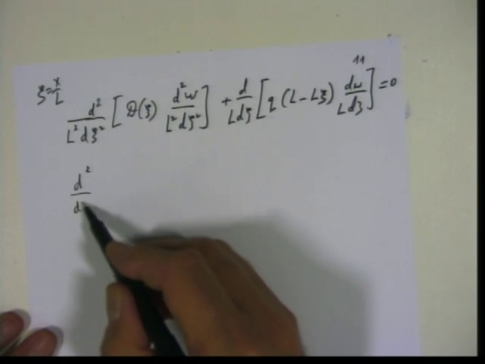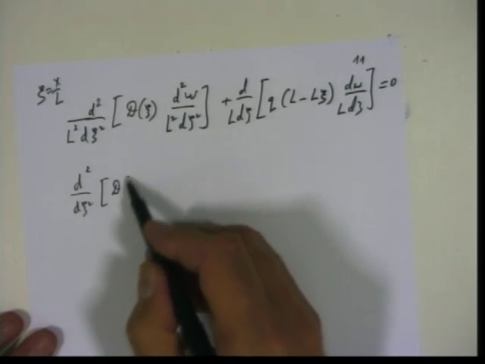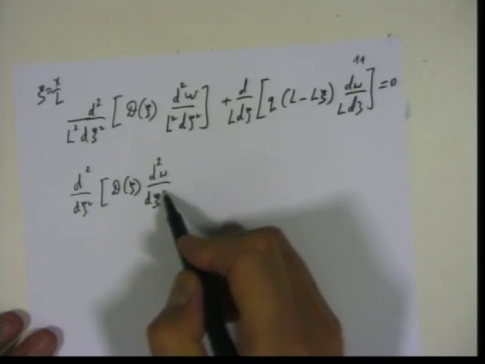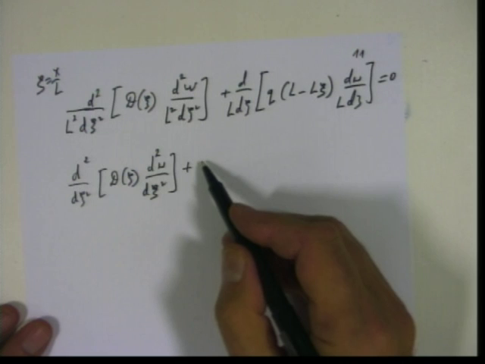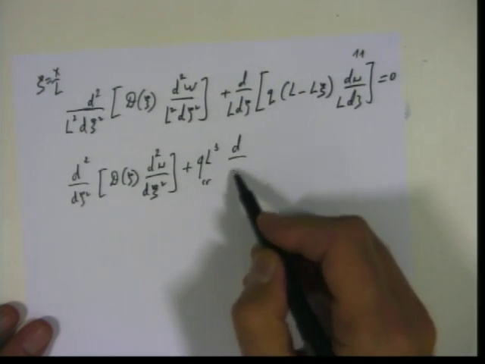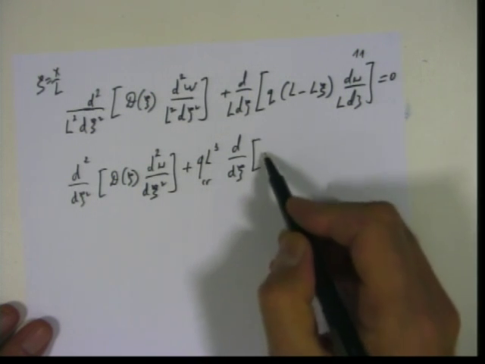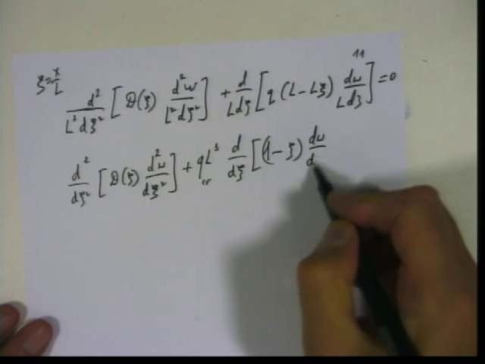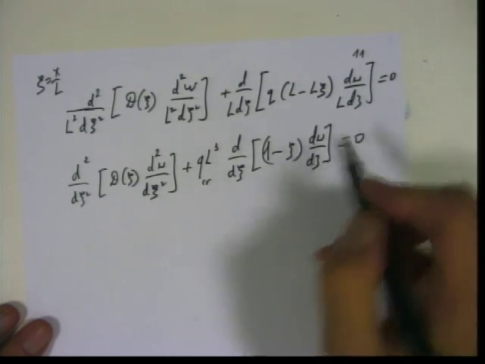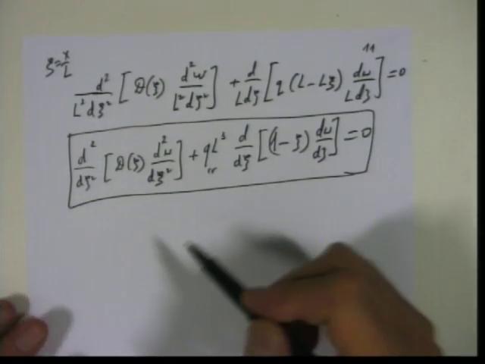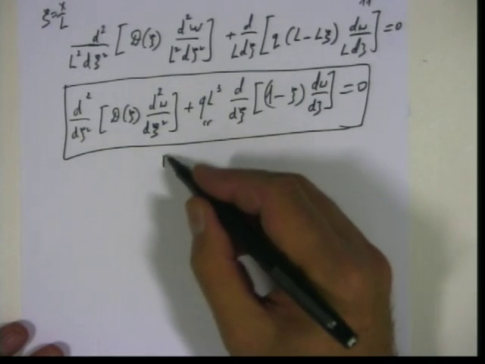d2/dpsi2 of (psi) d2w/dpsi2 plus q critical L cubed d/dpsi of (1 minus psi) dw/dpsi equals 0. So that is the governing differential equation. And I'm again doing what I did before, postulate.